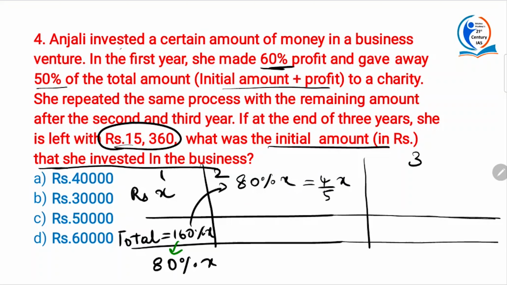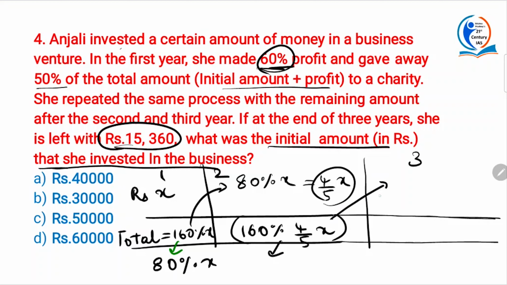Again, she has 60% profit on this amount at the end of second year. So how much will her total amount be? It will be 160% of 4/5 of X. Out of which, again, 50% she is giving here and 50% she is reinvesting, right?